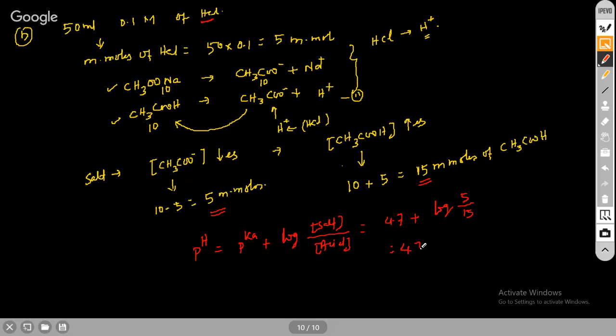So 4.7 minus log 3 gives you the pH of the solution. Log 3 is 0.47 or 0.48. So 4.7 minus 0.48 gives you the answer, 4.2 something probably. Did you understand this?